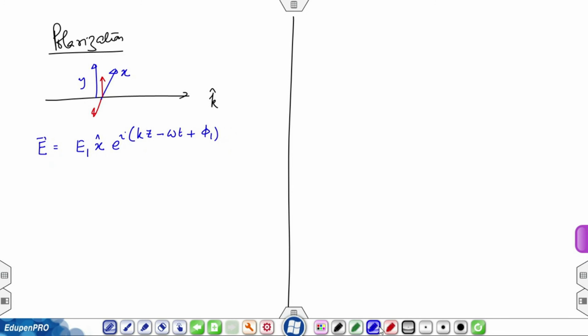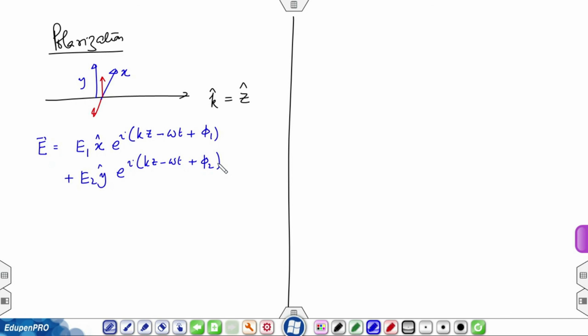So, this k direction I am taking to be the same as the z direction, plus E 2 in the y direction e raised to i k z minus omega t plus phi 2. So, these are two phases. They could be time dependent in general, but right now I am taking them to be constant.